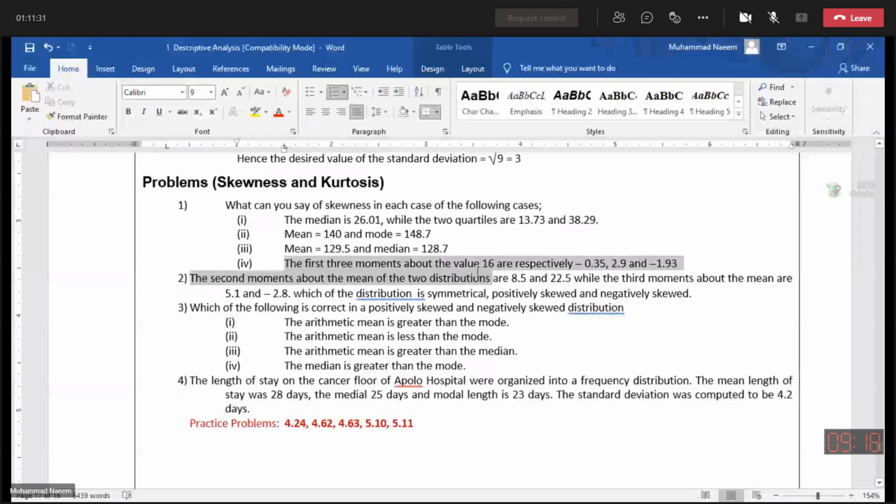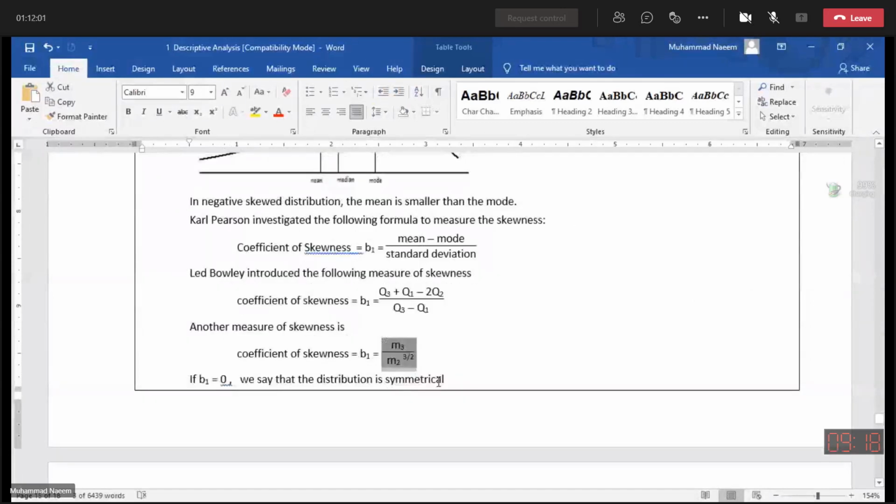Just find the third moment about the mean, because in the coefficient of skewness, refer to the formula. This is the formula of the coefficient using moments. In the numerator, we have used the third moment about the mean, and in the denominator, the second moment about the mean is used.